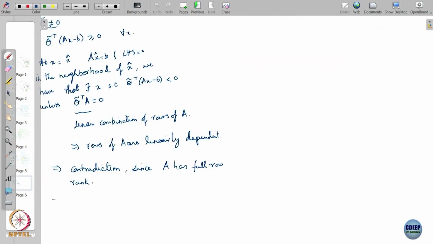Which means mu tilde is not equal to 0, which means mu tilde has to be greater than 0, and that is the only possible case.